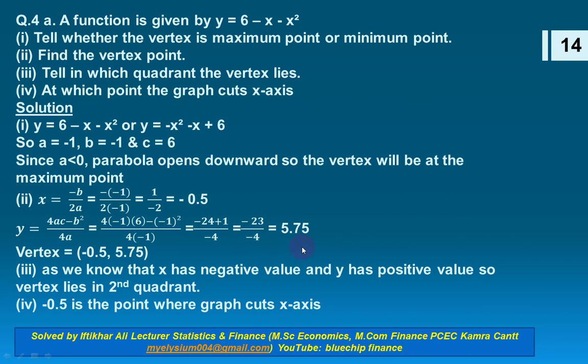So it must fall in the second quadrant, at which point the graph cuts the x-axis. Minus 0.5 is the point where the graph cuts the x-axis.